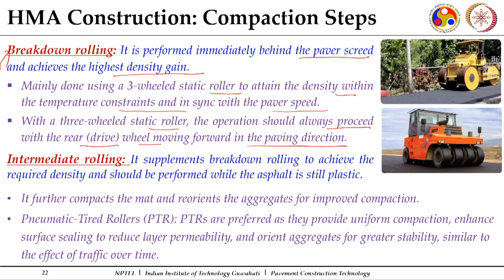Then comes the intermediate rolling. It supplements the breakdown rolling, to attain the required density. This is where we gain the minimum density which is required, and it is done specifically when the mix is plastic, that is, still not stiff enough, so that it can get compacted during this time.